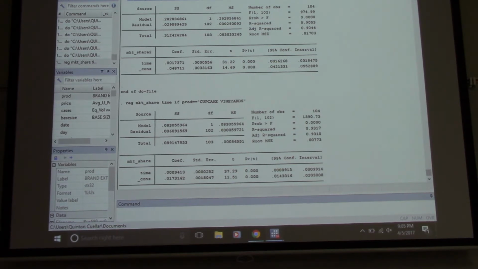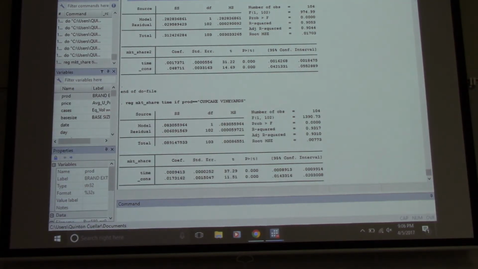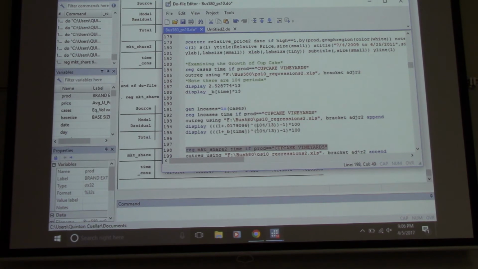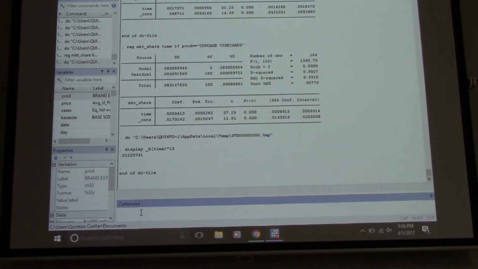Under 10 market share. And again, multiply times 13 to get the annual, which we can do. About 1% per year.